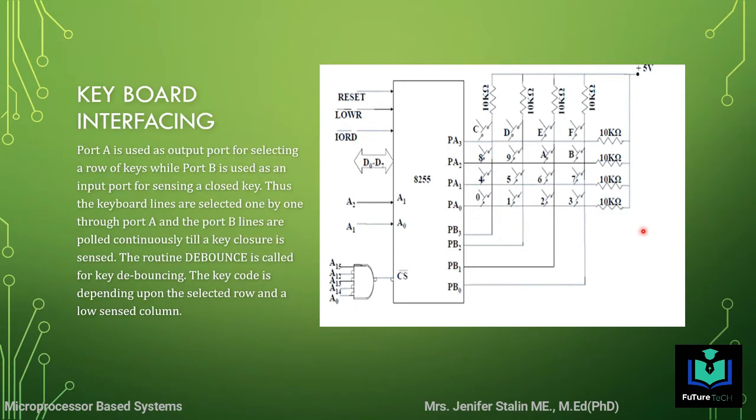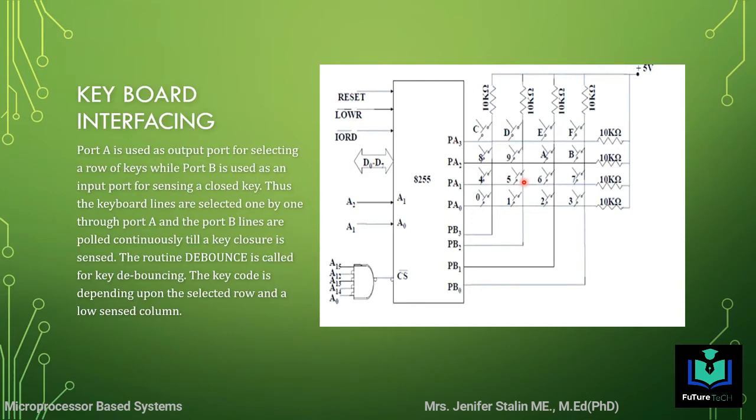When a particular key is pressed, maybe the port B3, it may be connected to port A0. That means if this particular key is pressed, it is going to display 0, or if this particular key is pressed, it is going to display the numerical value 5.